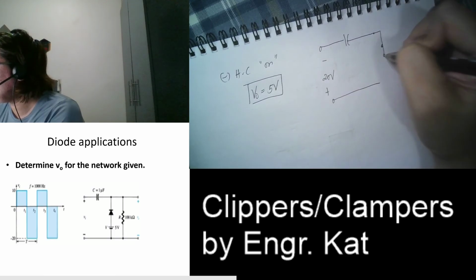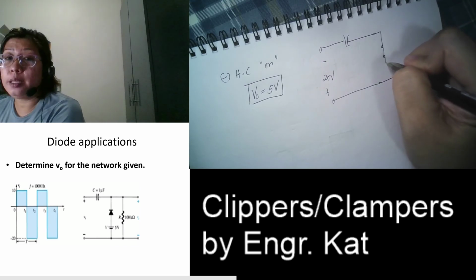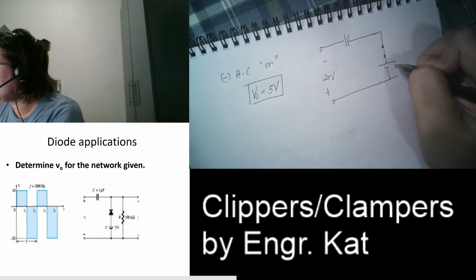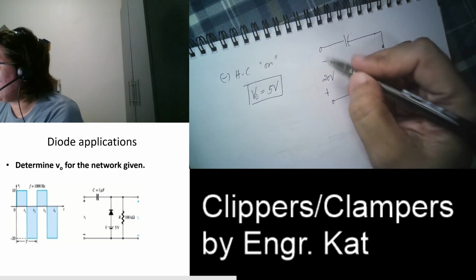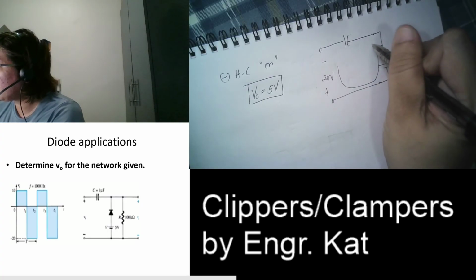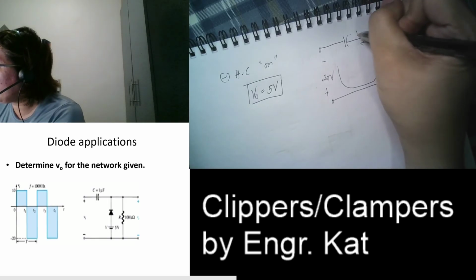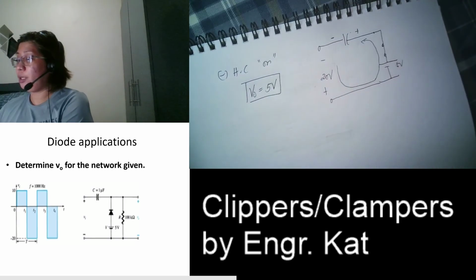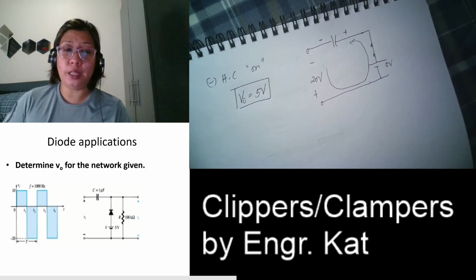This is shorted. It's charging. And then we have here 5 volts. And this is your VC. Since this is minus plus, the direction is like this. So the polarity here is plus and minus.